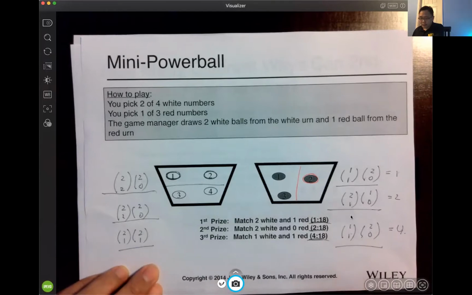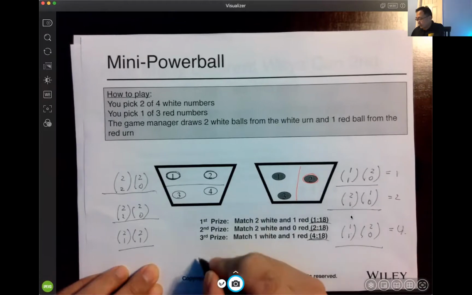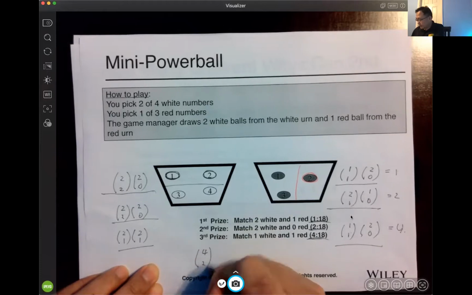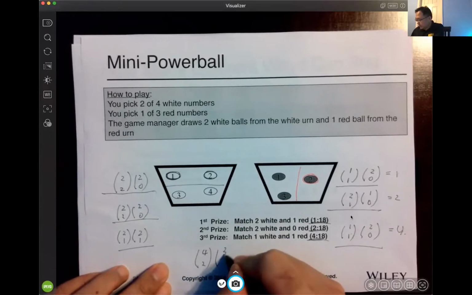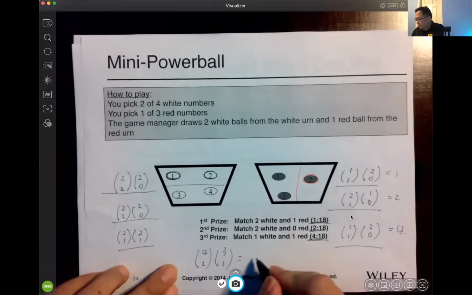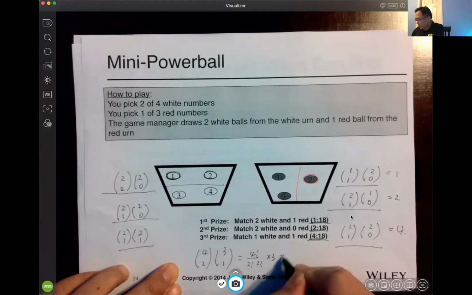I just randomly choose those balls. Obviously it's 4 choose 2 and 3 choose 1. And that's 4 factorial times 3.